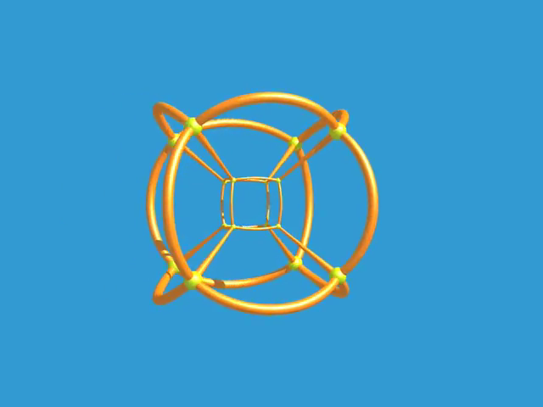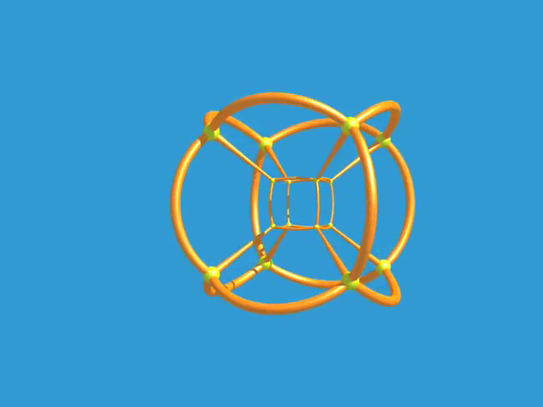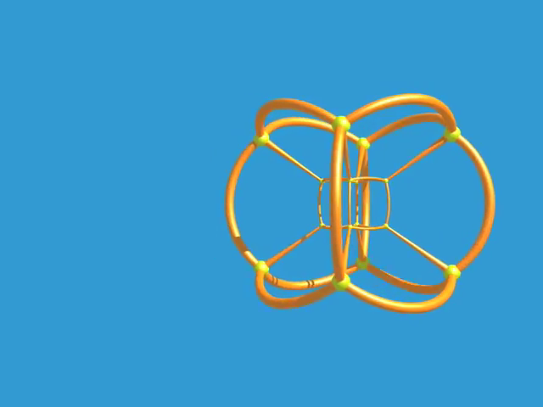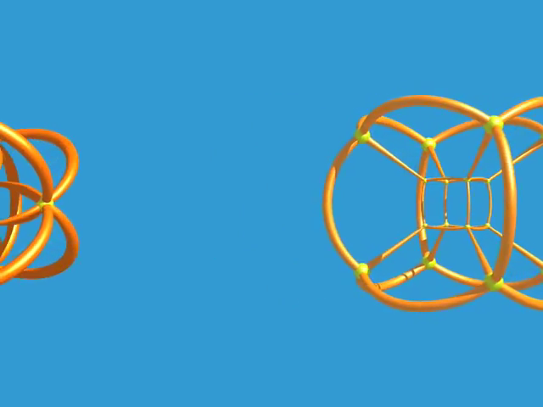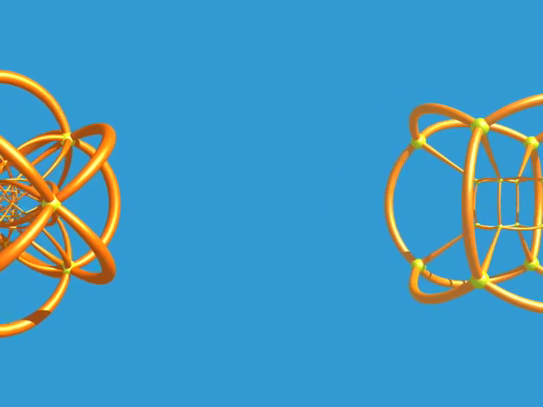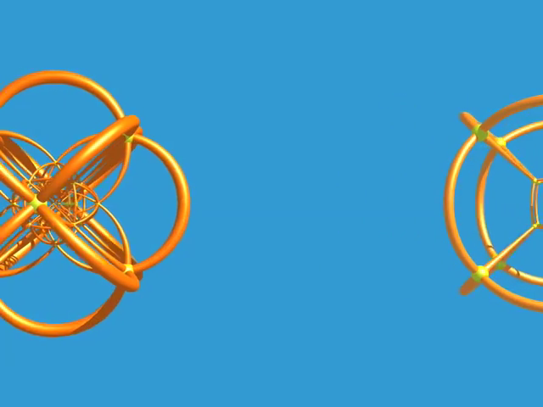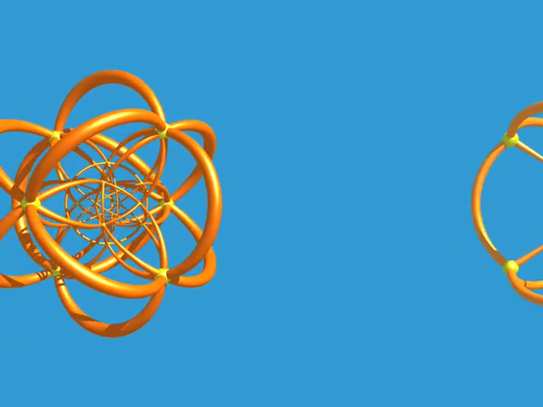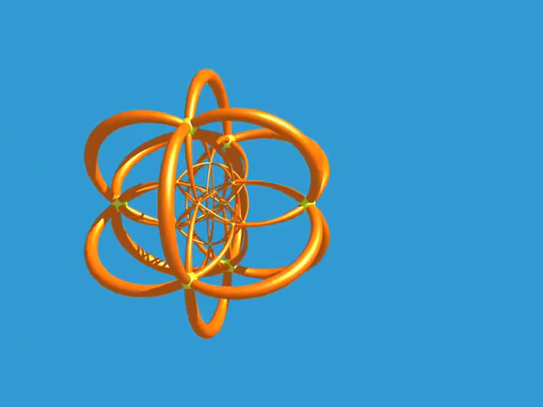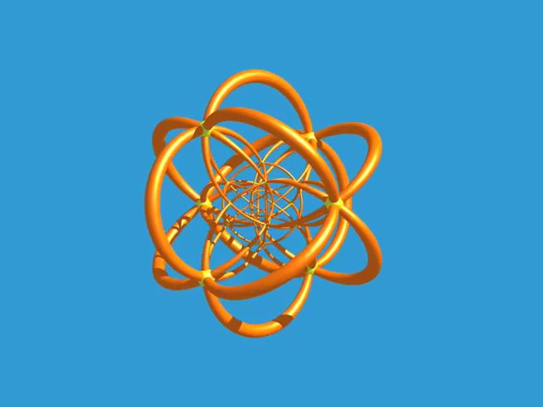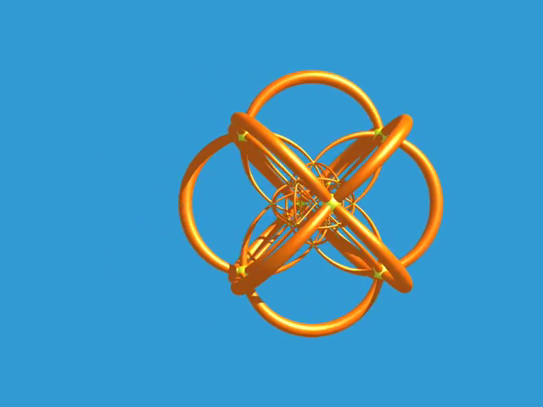Here's the hypercube. It's easy to recognize it from its 32 edges and 16 vertices. Seeing things this way is so much easier than with the shadow method or the three-dimensional cross-sections. Here's the 24 cell with 24 vertices and 96 edges.